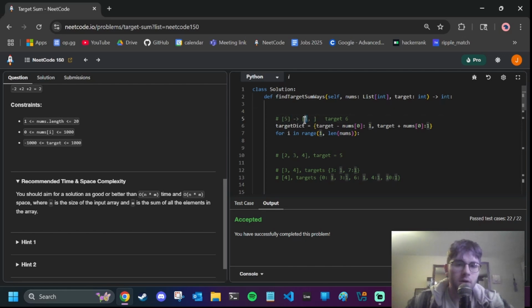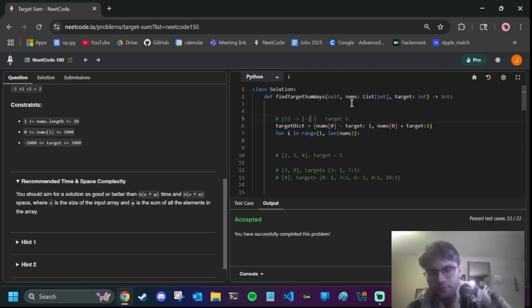So if we had a 1, I think it's actually this minus target, and this plus target, which the order doesn't matter, but just keep it consistent. And the reason is, if we had 5, then it would now generate negative 1, which makes sense because then we could add 6 to it. If we reached a negative 1 by the time we got 5, no, I don't think that's it.